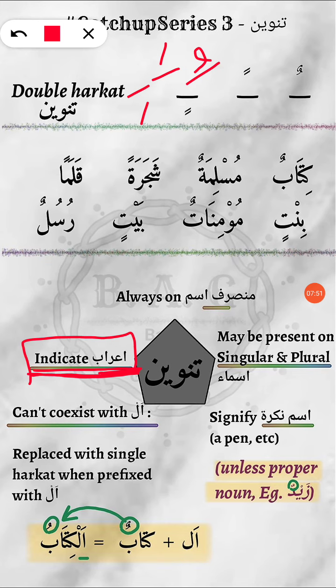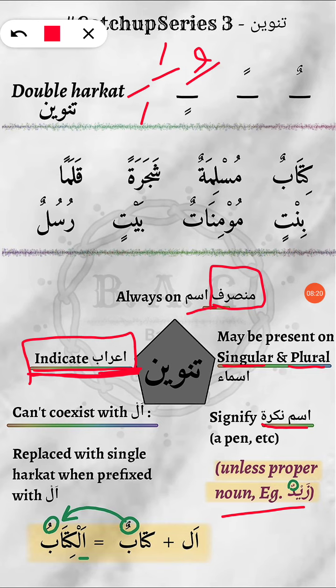All right, so for now, these are the only 5 things that I want you to remember regarding tanween. First, always present on an ism, and the asma that carry tanween are called munsarif asma. Number 2, they may be present on singular as well as plural asma. Next, they signify an ism to be a nakra ism, unless of course it's a proper noun.